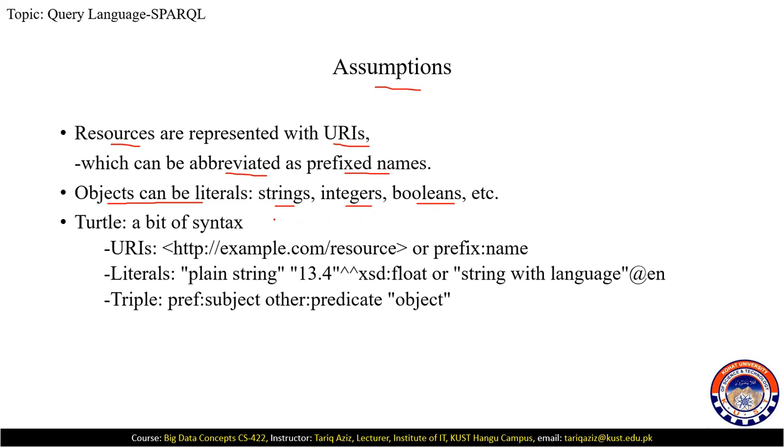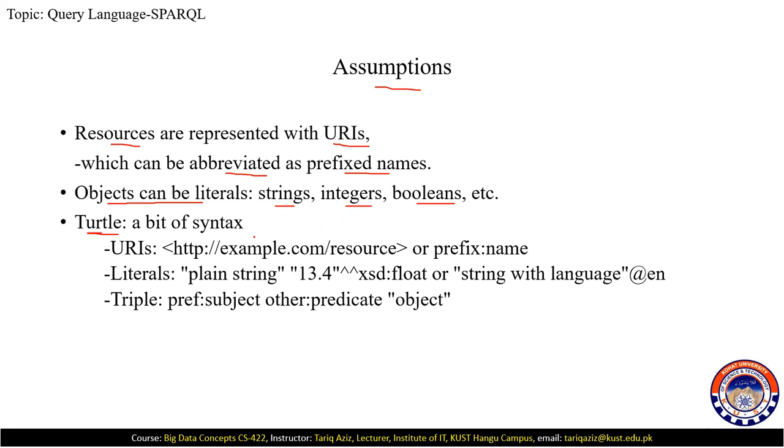So, what will be the syntax for describing data in the RDF data model? There is a syntax known as Turtle, and this syntax is basically used to describe data in the RDF data model. We can say this is a file format, or a syntax to represent and describe data in RDF.